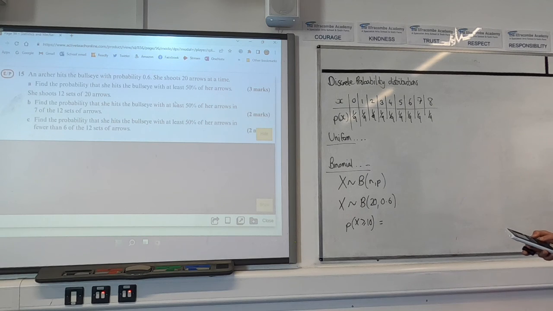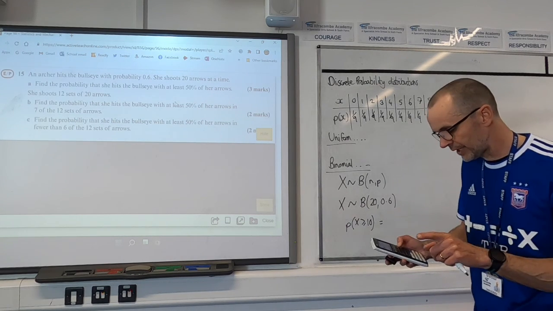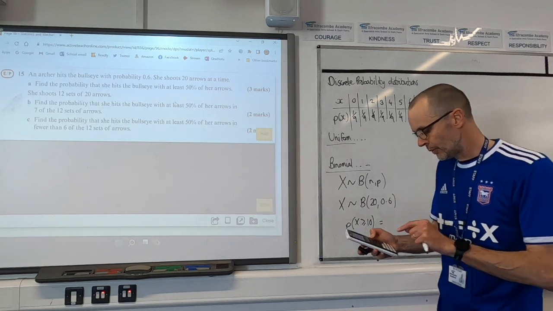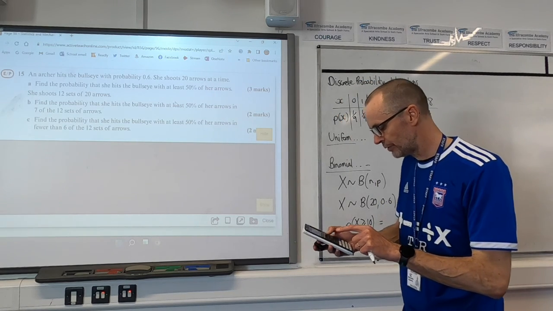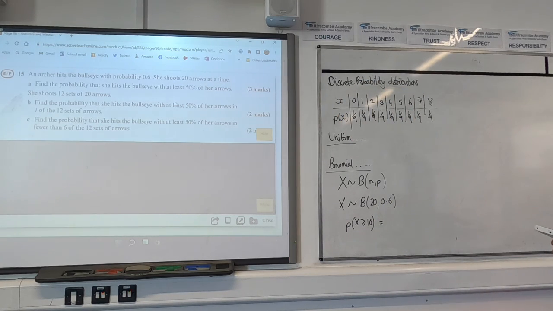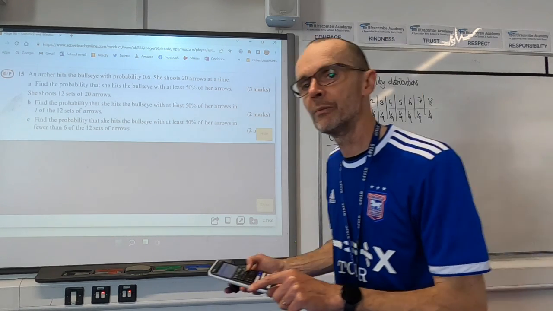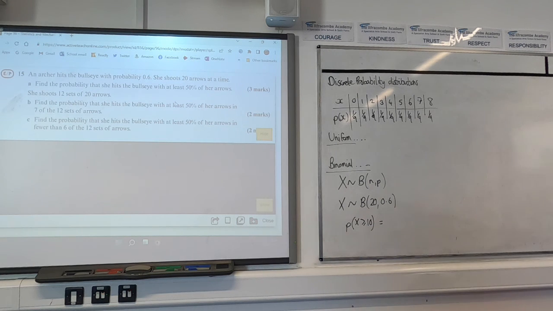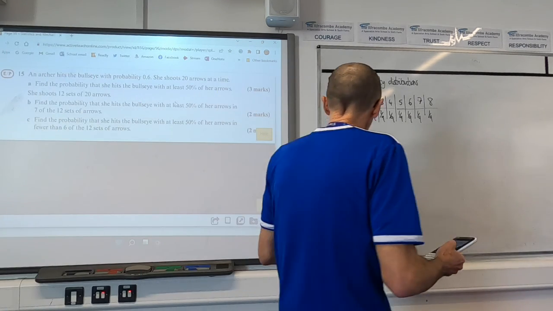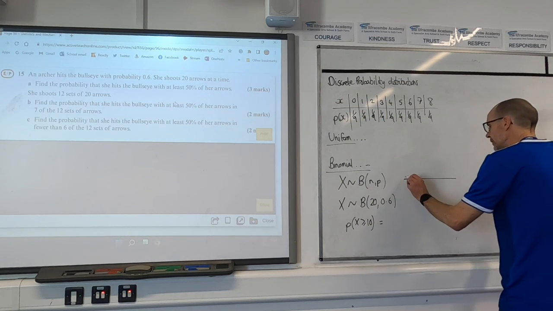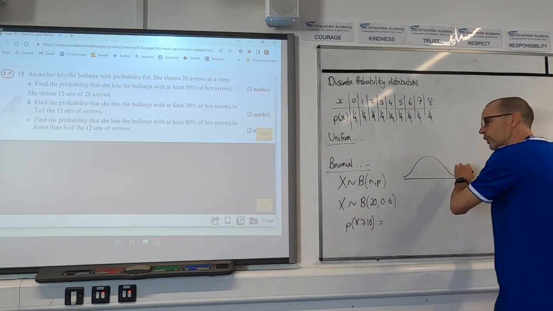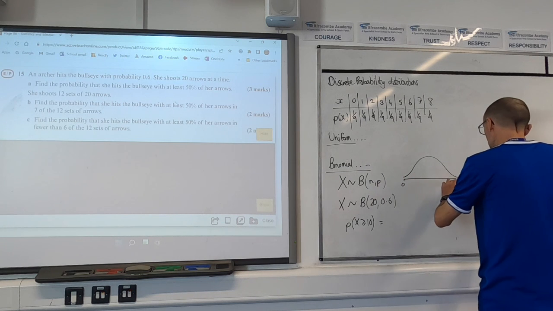So I'm sort of hoping we're on autopilot, but we go to statistics, we go to dist for distribution, we choose binomial, and we choose BCD for binomial cumulative distribution. Excellent. We make sure it says data variable, and I always like to have it, it's not symmetrical automatically, but I always like to do a little sketch.